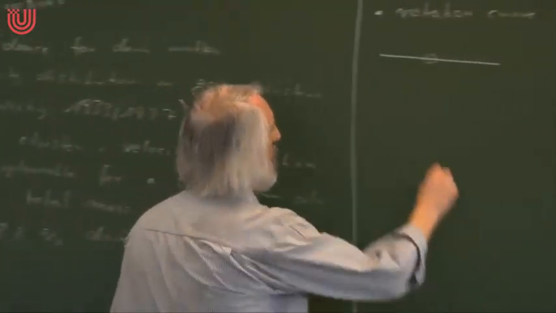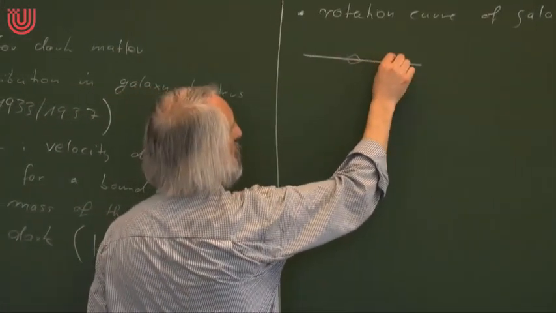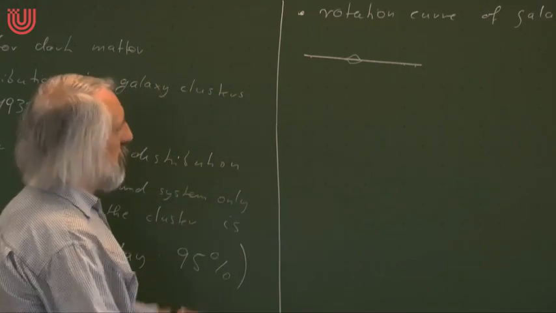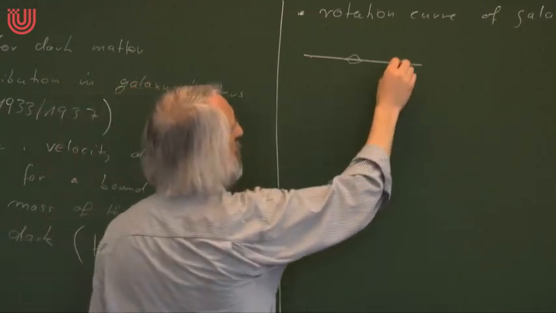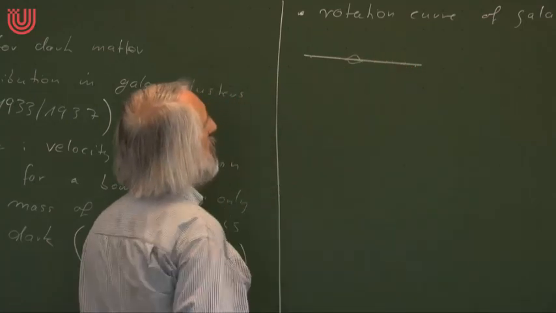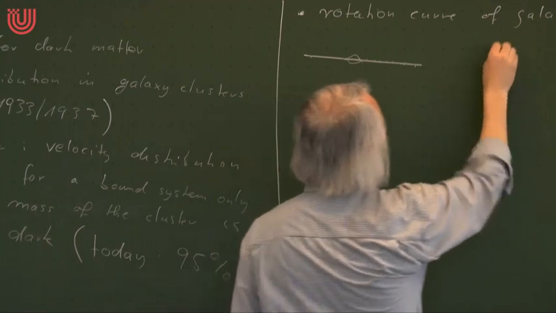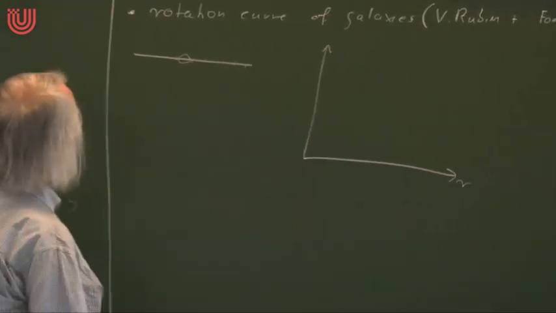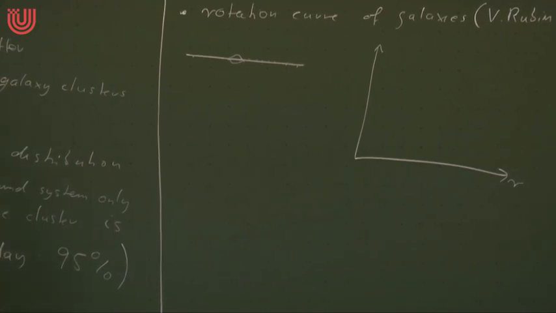And this can be done now for different parts here, independent of the radius. So Mrs. Rubin directed her spectroscopic apparatus to different radii here, and then she plotted over the radius for many galaxies. She had a big sample of spiral galaxies over all these years.